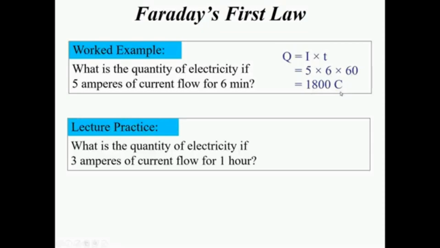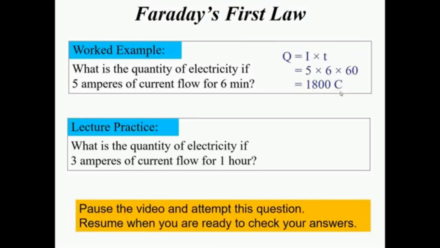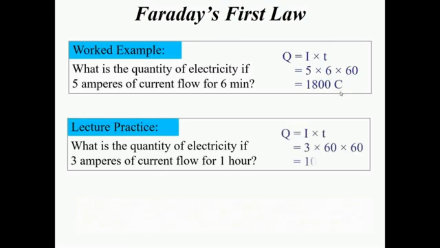Now, what is the quantity of electricity if 3 ampere of current flow for 1 hour? Pause the video, attempt this question, and resume when you're ready to check your answers. Using the formula, the charge, the quantity of electricity, Q equals current times time.